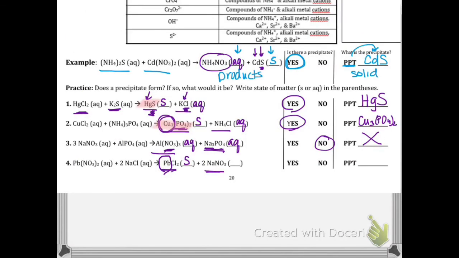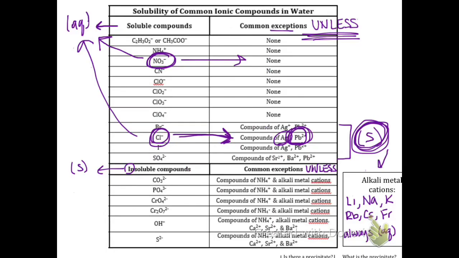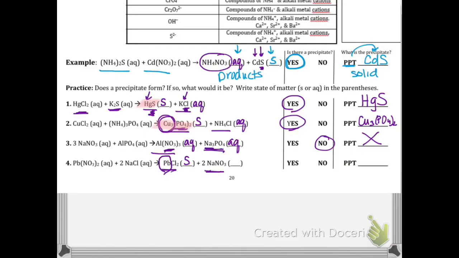If you look here, sodium is on this box right here. Sodium is always aqueous, so you're going to put AQ right here. If you have the letter S for solid, then you're going to circle yes, and you're going to write this entire compound off to the side here, which is PbCl2, like this.